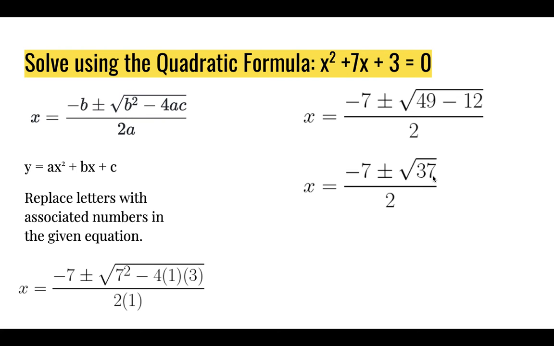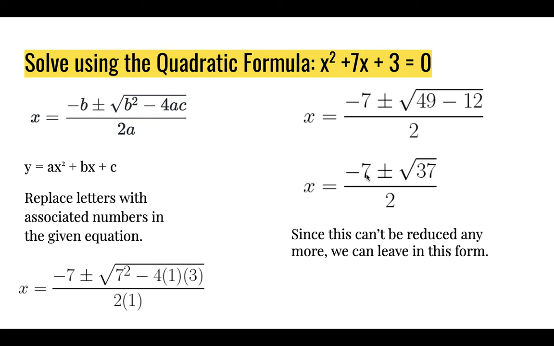Now, you might notice here, we can't really reduce any more. 7 can't be evenly divided by 2, and the square root of 37 is like 6 point something, so it becomes a little weird, and you don't want to divide that by 2. So you can leave it in this form for your two answers.